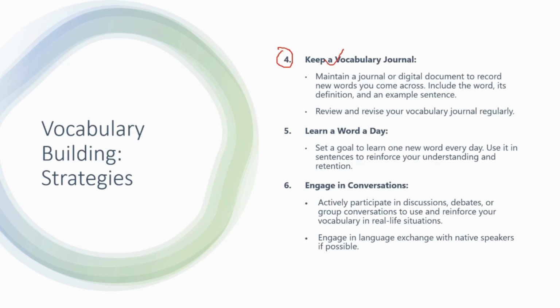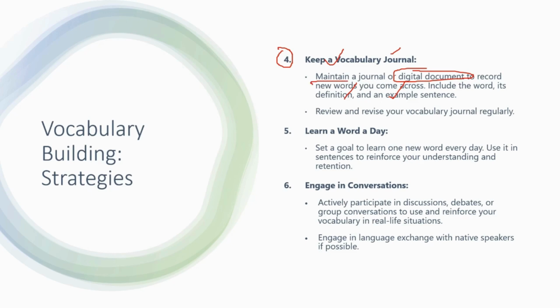Next one, keep a vocabulary journal. Maintain a journal or digital document to record new words you come across. Include the word, its definition, and an example sentence. You must use a journal, and you may study some research journal or academic journal that may enhance vocabulary.